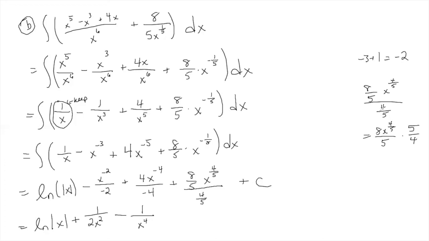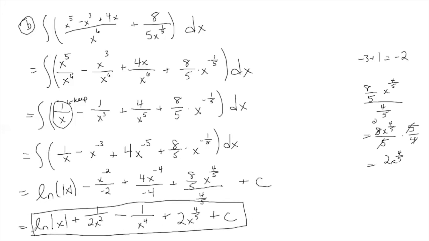Remember how dividing fractions goes. I take the top fraction, which I've written here, and I multiply by the reciprocal of the bottom fraction. So the 5's cancel, and this reduces down to a 2. So I get 2x to the 4/5. So that's what I'll get here, 2x to the 4/5 plus c. And that's my answer for that one.